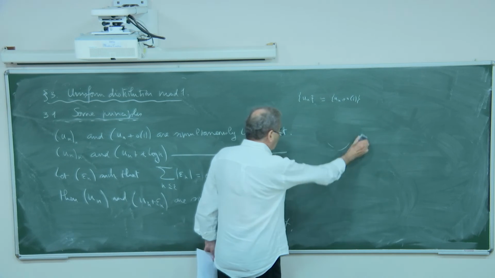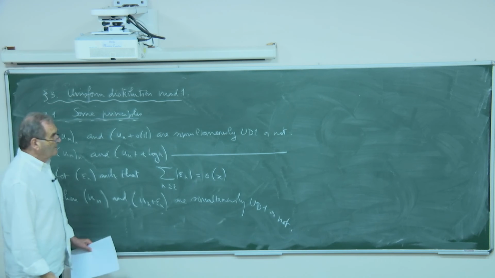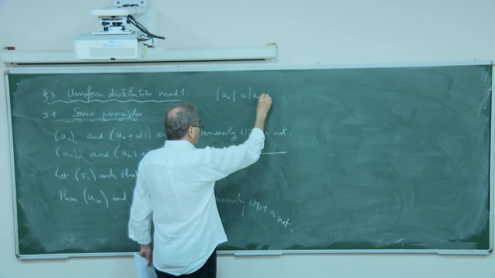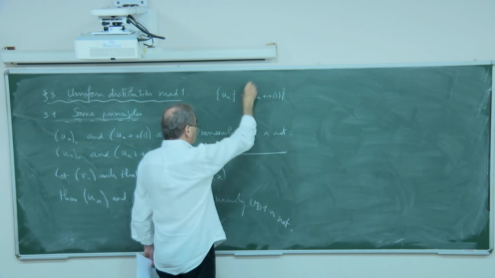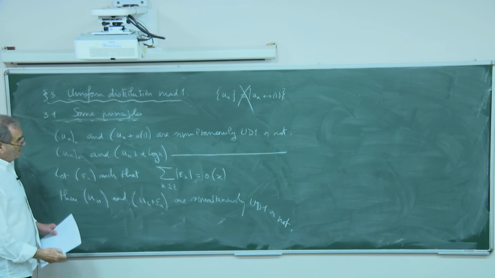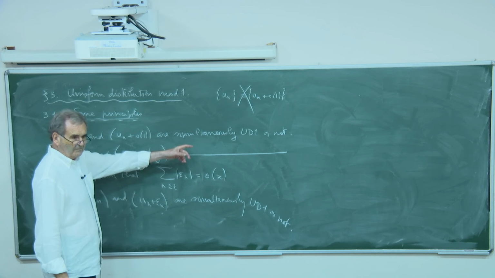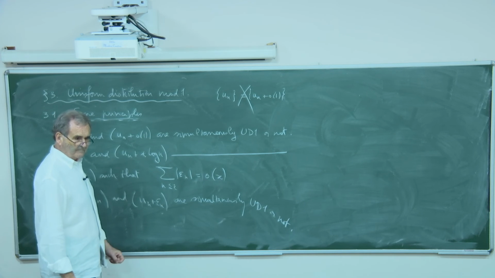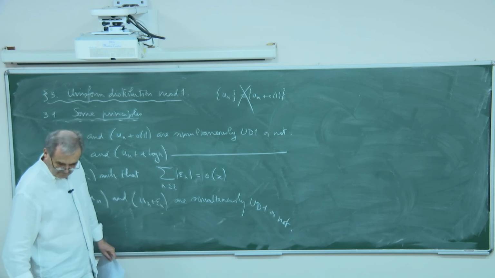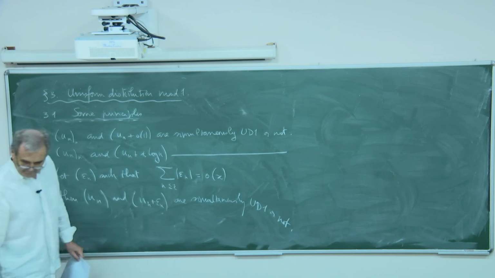It may turn out that I don't say that u n is always equal to u n plus little o of 1. This is not true. But what I say is that if it is uniformly distributed mod 1, then you are not changing much. And if you are changing much, it means that you are not uniformly distributed mod 1.